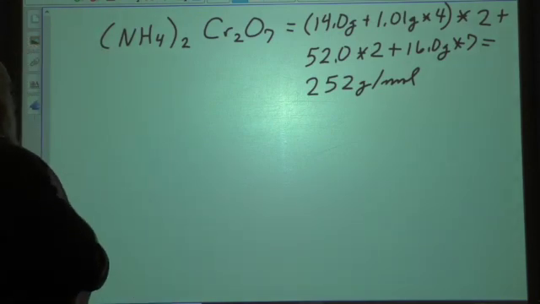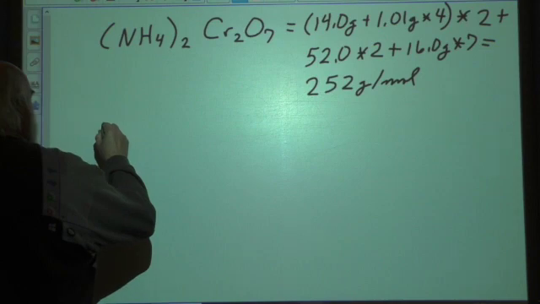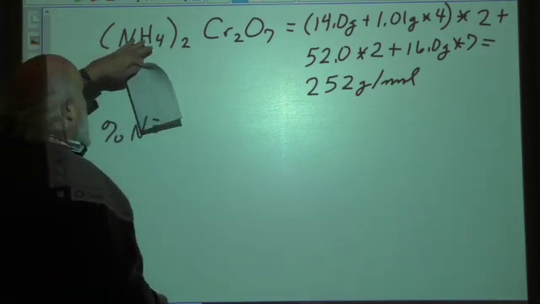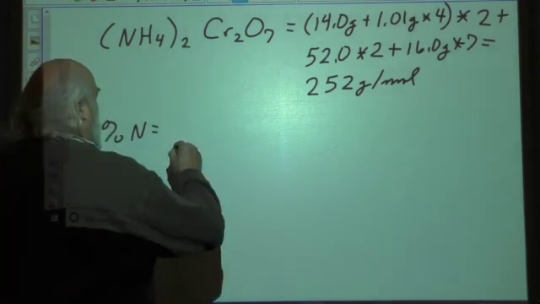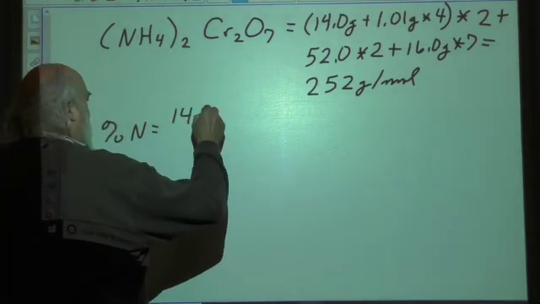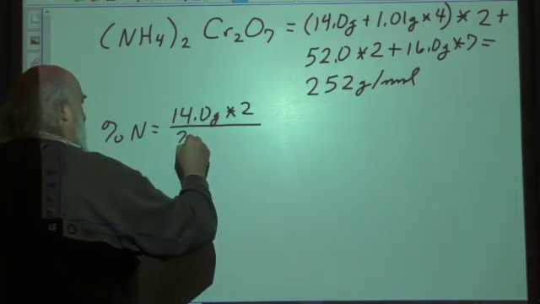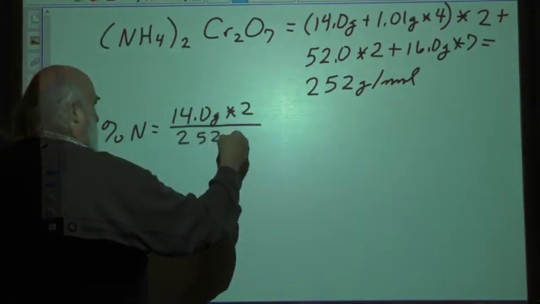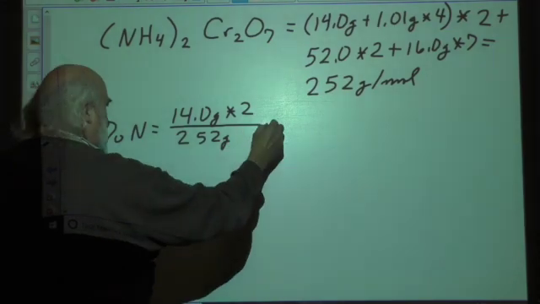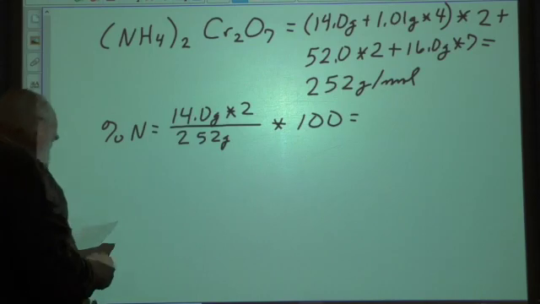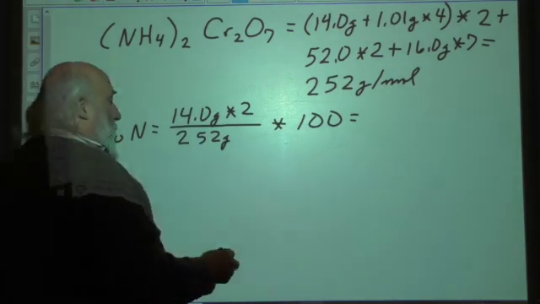So now we're going to go through 4 different percentages. We start with the nitrogen. Percentage of nitrogen is equal to, well, we have 14.0 times these two, 14.0 grams times 2, divided by the total mass of 252 grams. Not per mole, you know that we're dealing with mass. And then we multiply that by 100. And we get 11.1%.